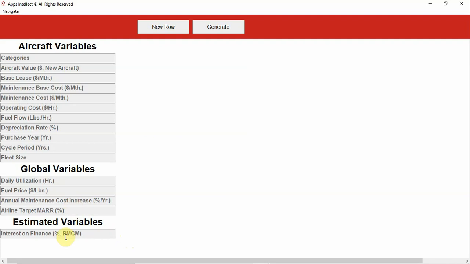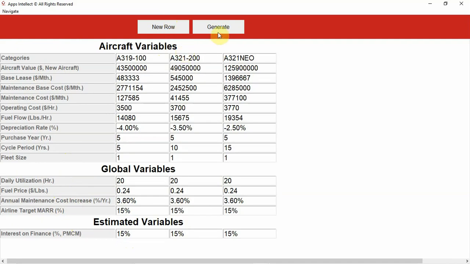So just to showcase this, there could be an airline or there could be a financial institution that would be interested in this project. The same variables are there, and we'll click and it will be populated. The only difference is we are taking only one fleet type, that is one aircraft per fleet type.